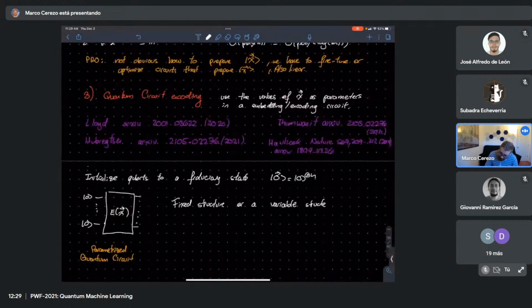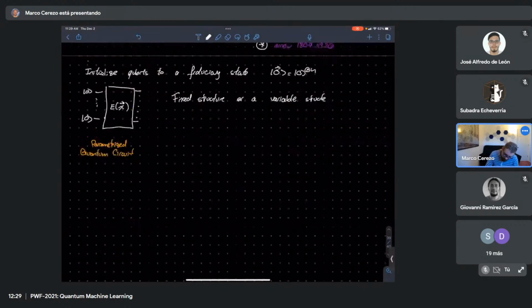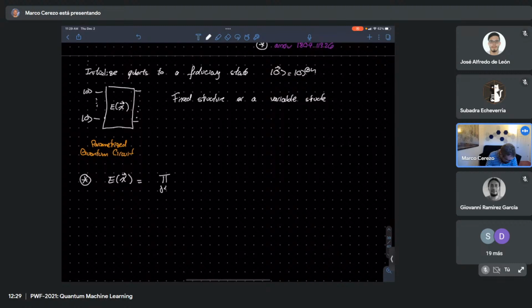So in this paper right here, the last one, people propose to use an embedding, E of x, that is composed of a sequence of layers where each one of the layers is going to be, let me just write one layer, j is smaller than k, e to the minus i x_i,j x_i, the ith k, Z_j Z_k, product of j equals from 1 to n of e to the minus i x_i,j Z_j.